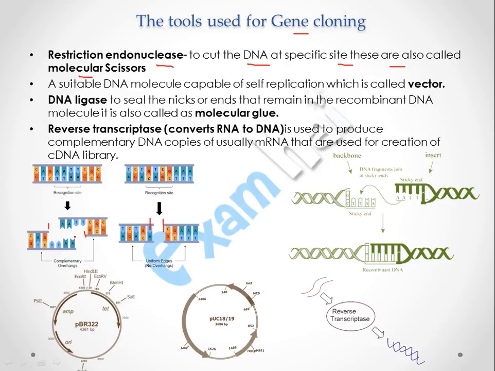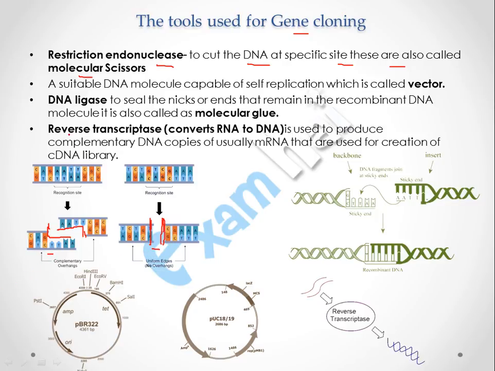The restriction endonuclease develops two types of ends: this is a sticky end, and this is a blunt end. This is uniform and this is complementary.